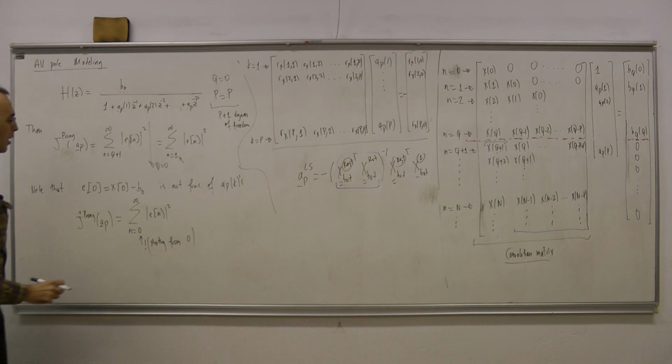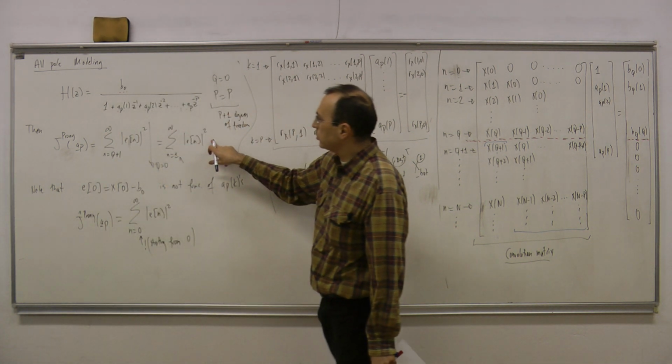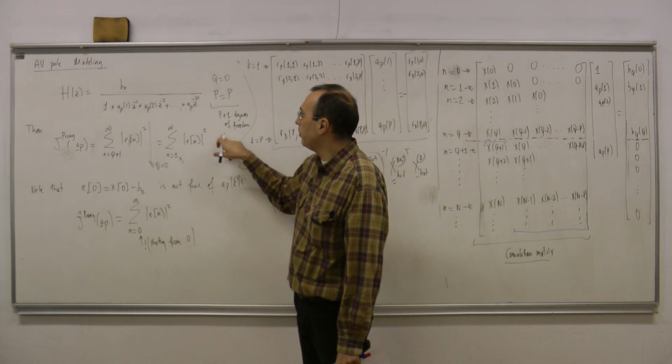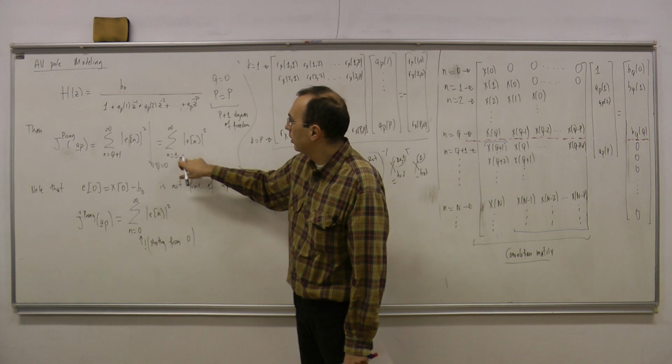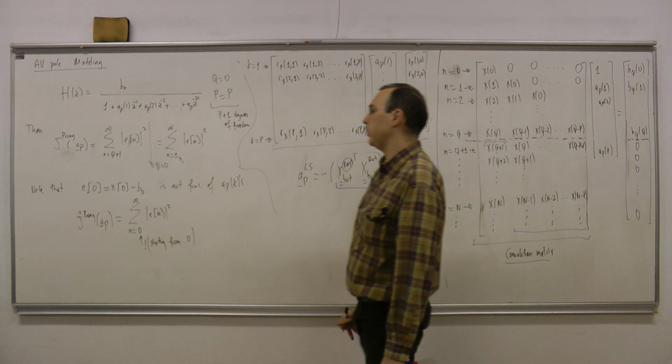This does not depend on a, so I can add this constant term, e0 magnitude squared, to this one. Then the lower index of the summation will start from 0.